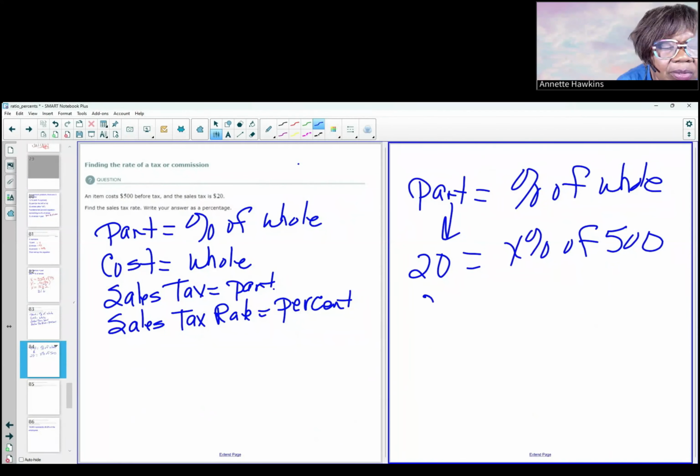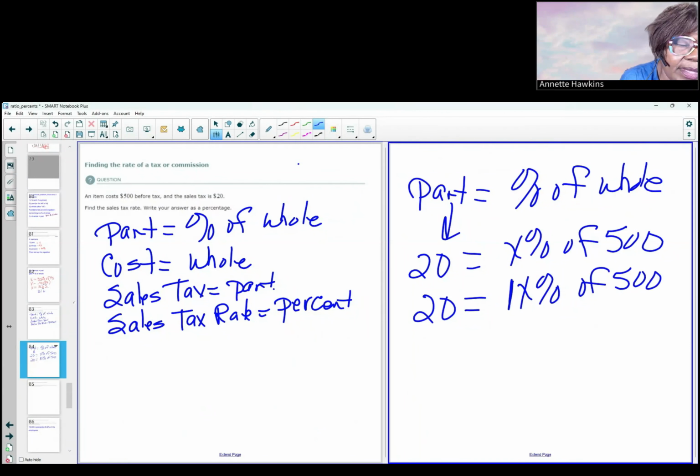Remember we put a 1 in front of that, and then we need to move the decimal two places to the left: 0.01.